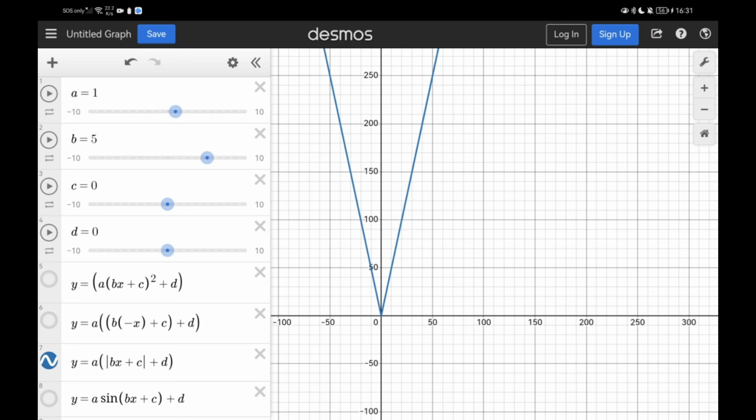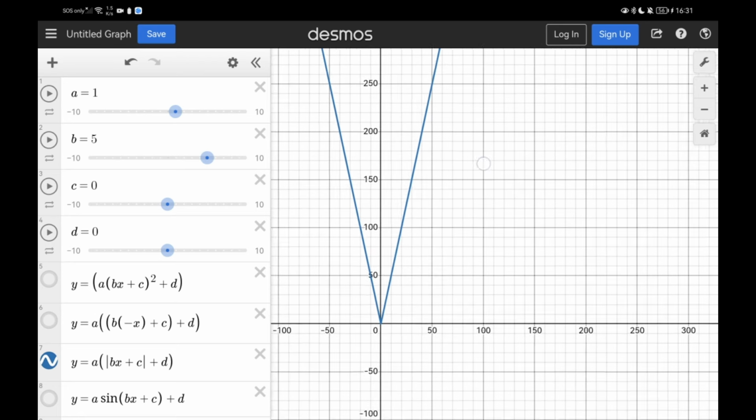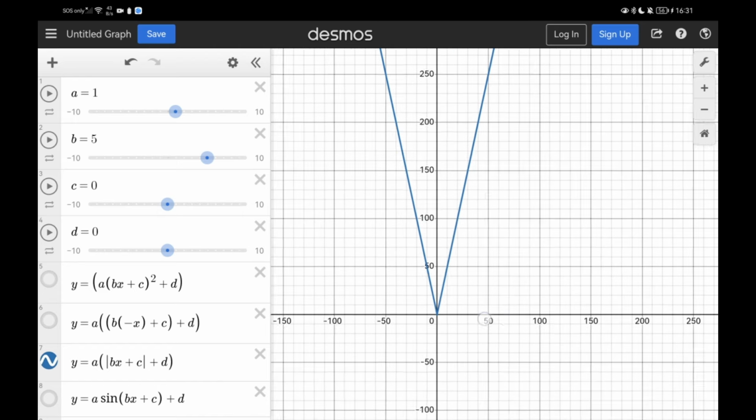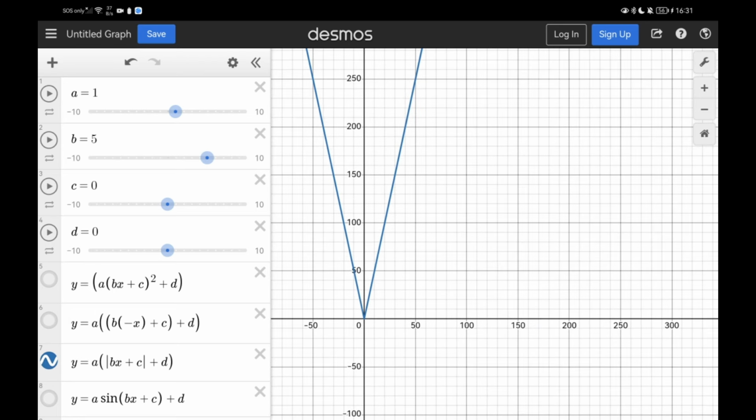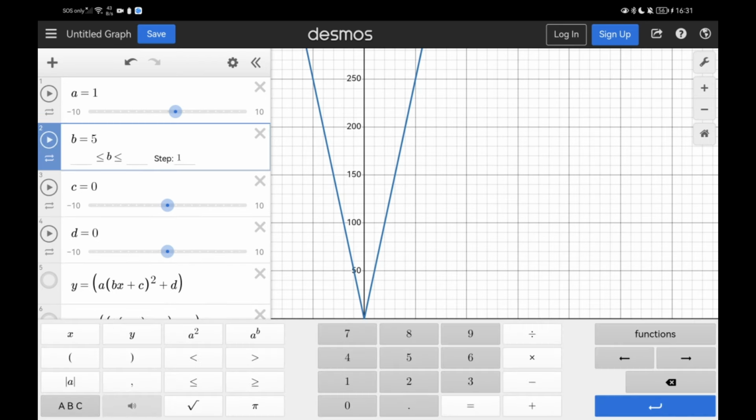You can see that for the same y coordinate, its x coordinate is divided by b. So generally, in the x direction, it undergoes a stretch parallel to the x-axis with the scale factor of 1 over b.